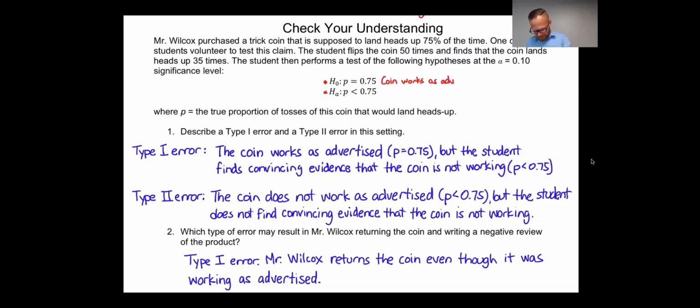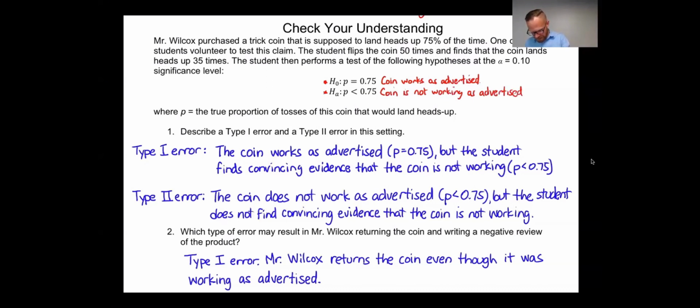And I think this is going to be helpful to have it written out in words here when we go to interpret the type 1 and type 2 error. Now, of course, the alternative here is that the student collects some data and thinks that the coin is not performing like it should, that it's actually less than 75% of the time we're getting heads. And so the alternative here is that the coin is not working as advertised.